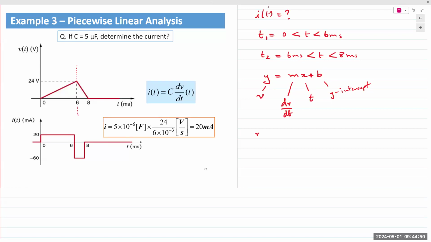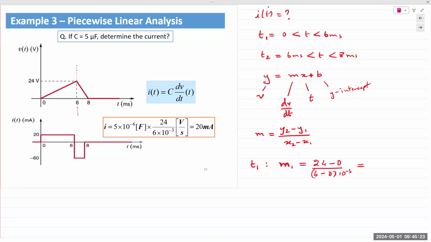Slope of the line can be given by any two coordinates: y2 minus y1 over x2 minus x1. So we take two endpoints. I typically like to take the two endpoints of the line. And so for time period 1, I can write M1 is 24 volts minus 0 divided by 6 minus 0 milliseconds.